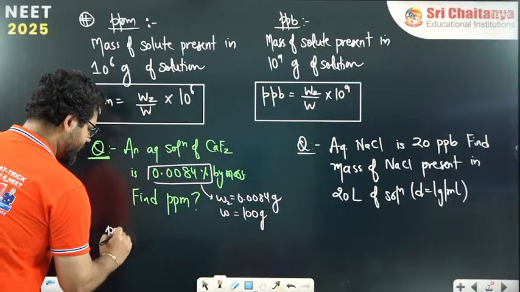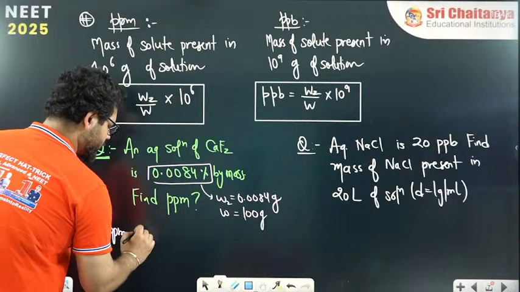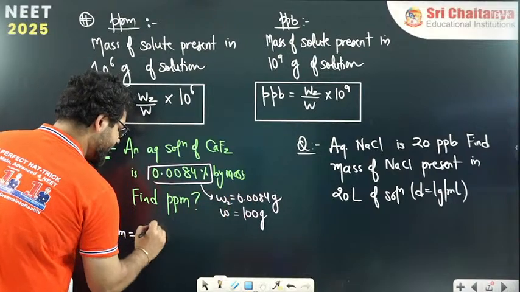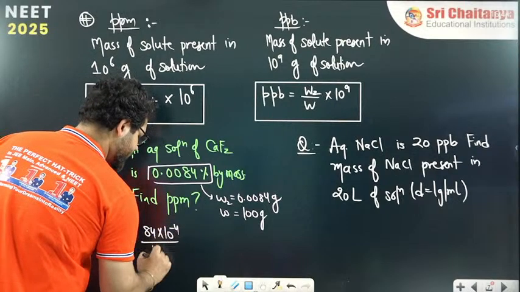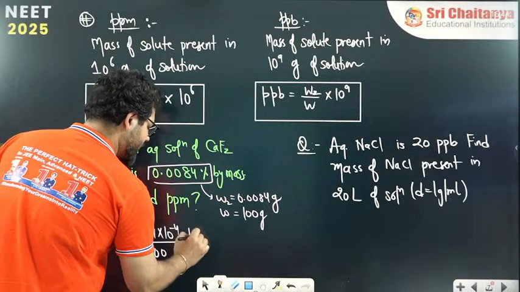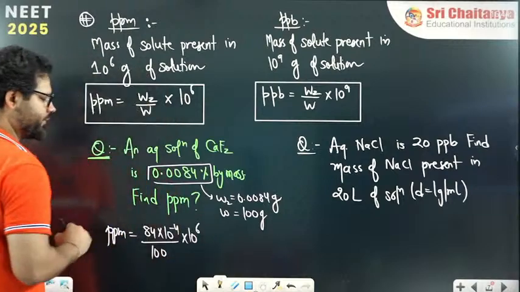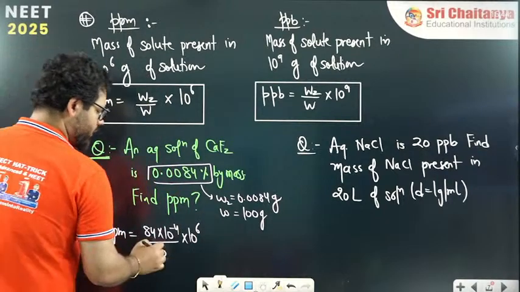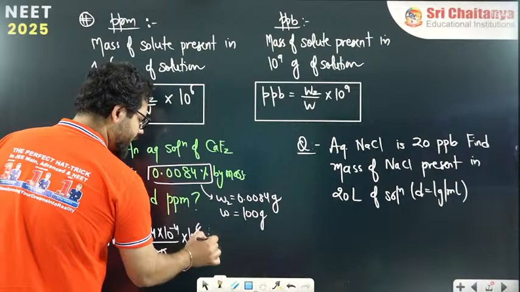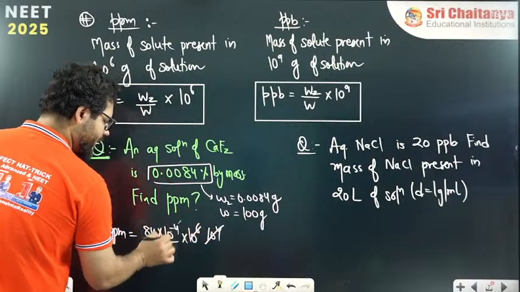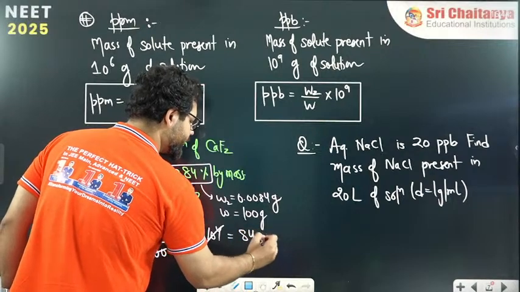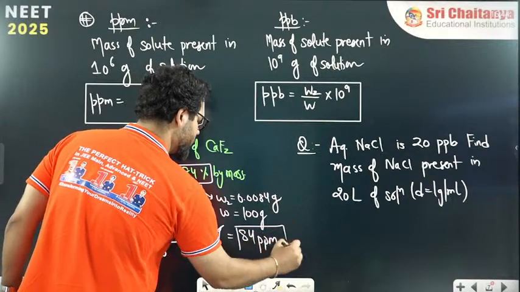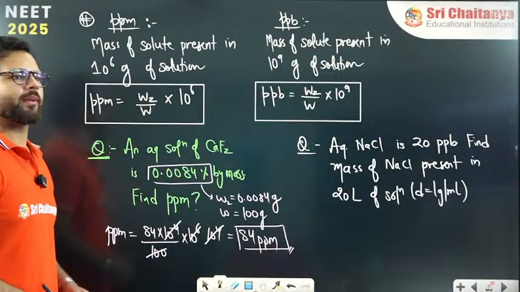So ppm comes out to be weight of solute, which I can call 84 into 10 to the power minus 4, by 100 into 10 to the power 6. The double zero goes, 10 to the power 4 times 10 to the power minus 4 will become 1. So I am getting 84 ppm.